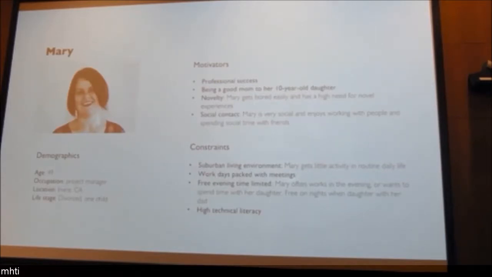So in the context of health technologies, the motivations might have to do with why they're trying to change the behavior, what kind of constraints they're working and living within, and what other things you might need to take into account to design something that Mary is actually going to be able to use. So both the motivators and constraints end up being really key parts of this.